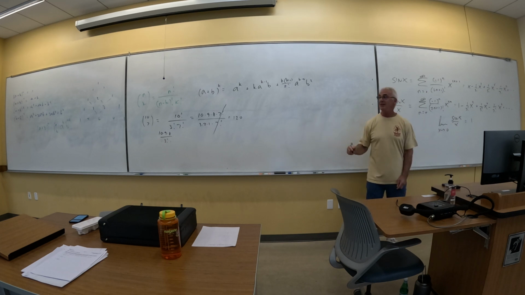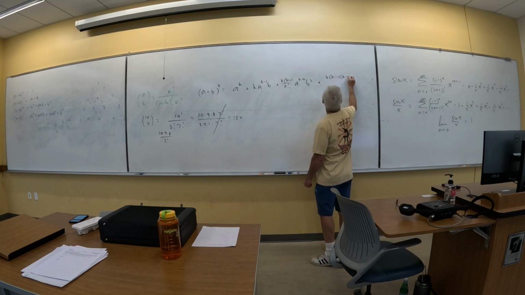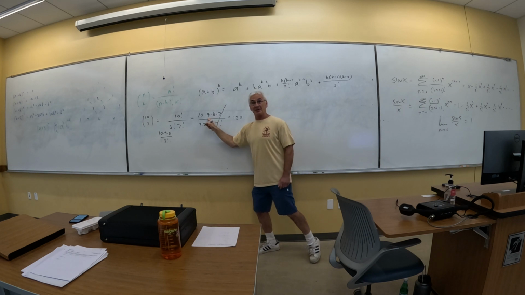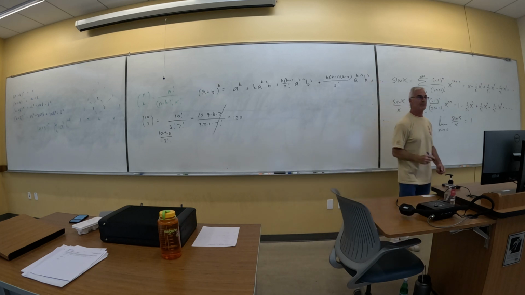That's what we just did here. Let's do one more term. What's the next term? k times k minus 1 times k minus 2 over 3 factorial. That's exactly what this is right here, right? 10, 10 minus 1, 10 minus 2. A to the k minus 3, b to the third. Now, I'm going to put plus dot dot dot. It's going to keep going until it's done.